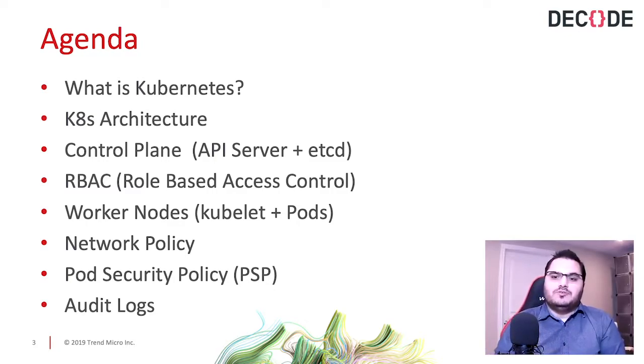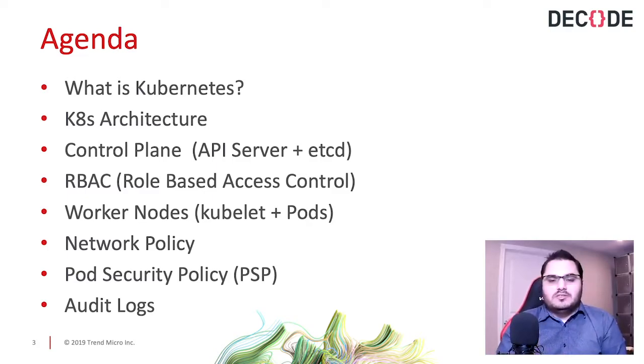Then we're going to go into RBAC, which is the role-based access control. Then worker nodes, talking about kubelets, pods, and some security features that are available there for you. Then we're going to mention network policies and why they're important.